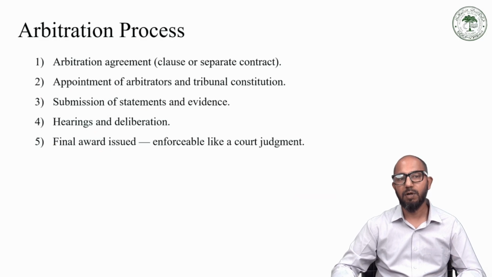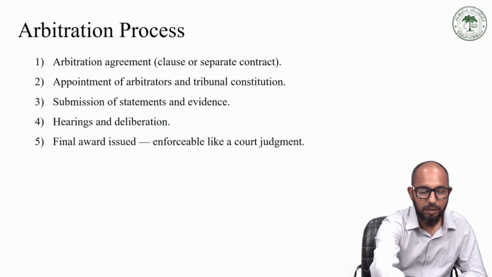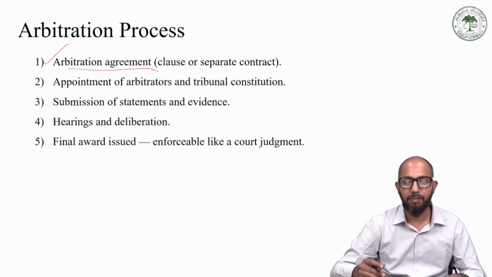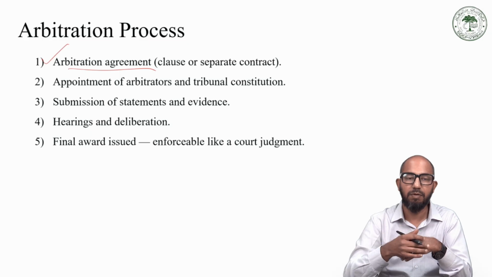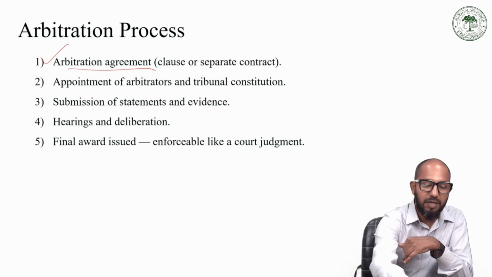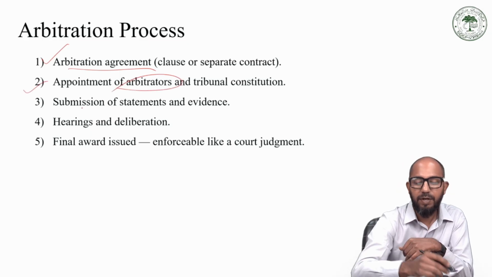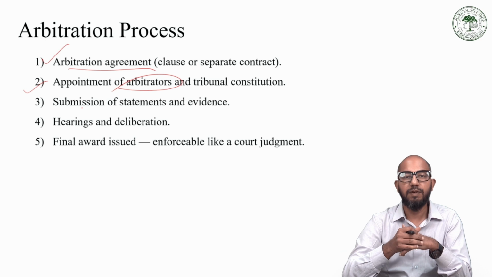Let us now talk about the arbitration process. The first step is the arbitration agreement, where there are clauses, or a separate contract is possible. The second is appointment of arbitrators through tribunals and tribunal constitution, which is going to solve the problem which has become a dispute between the parties.